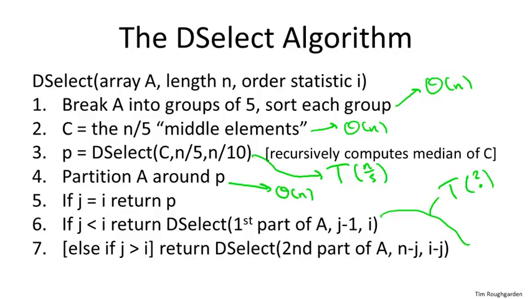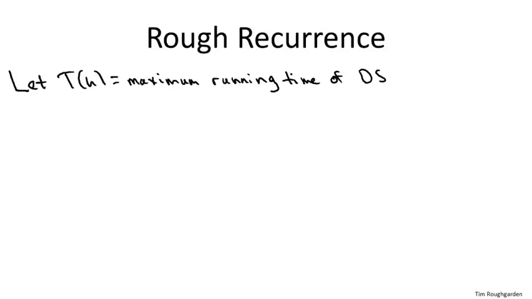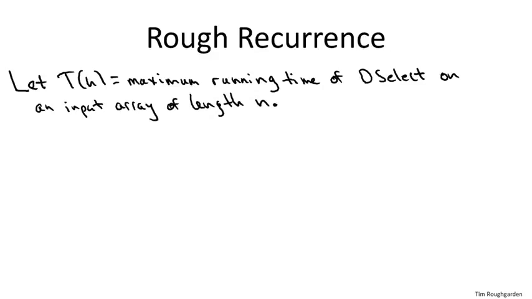Let me summarize the results of this discussion. I'm going to write down a recurrence for the DSelect algorithm. Let T of n denote the maximum number of operations that DSelect ever requires to terminate on an array input of length n. This is just the usual definition of T of n we use in recurrences. What we established in our tally on the last slide is that DSelect does linear stuff outside the recursive calls.